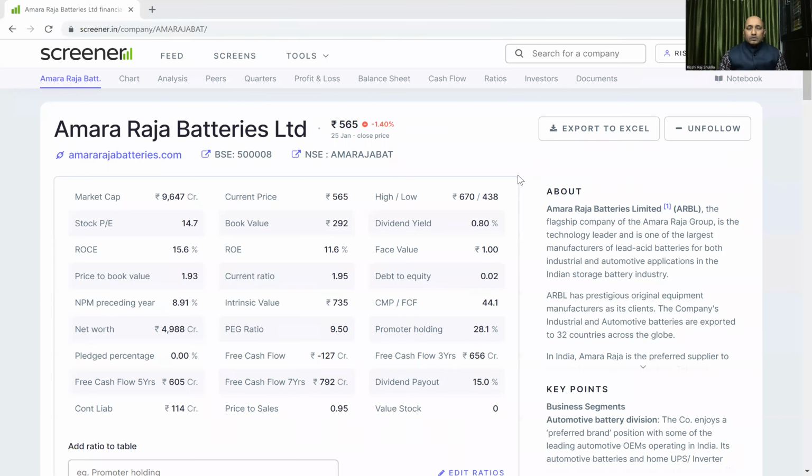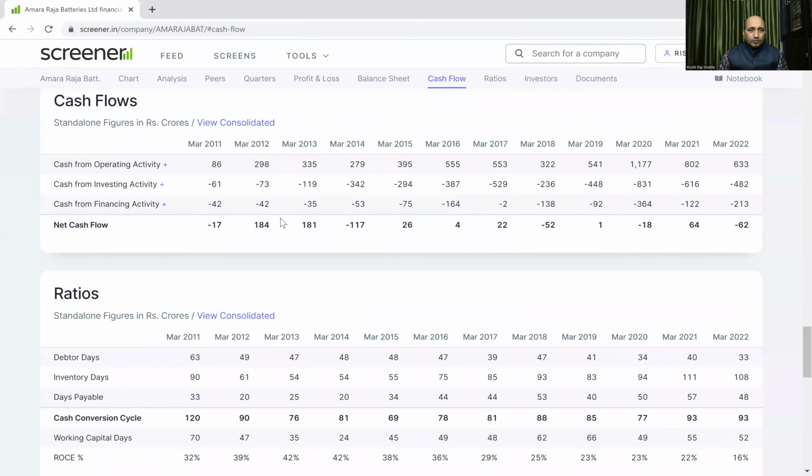Like the earlier example, here we are taking Amara Raja Battery, and we will go directly to cash flow. Cash flow we can see here. There are three activities: operating, investing and financing. Financing activity is nothing but only the finance part.